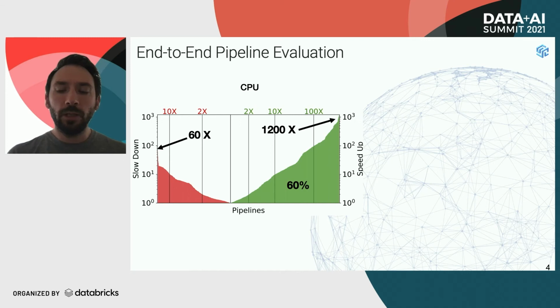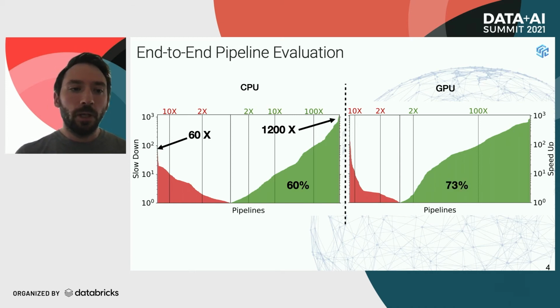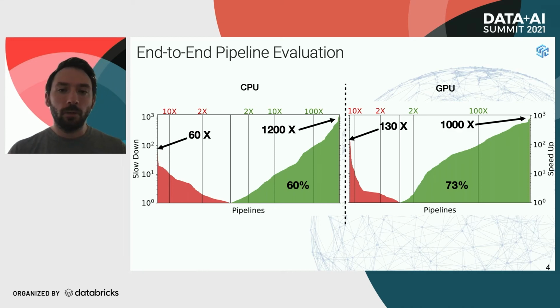If we then look at the GPU numbers, we were able to accelerate 73% of the pipelines. In the worst case, we are 2 orders of magnitude slower, and in the best case, we are still more than 3 orders of magnitude faster.